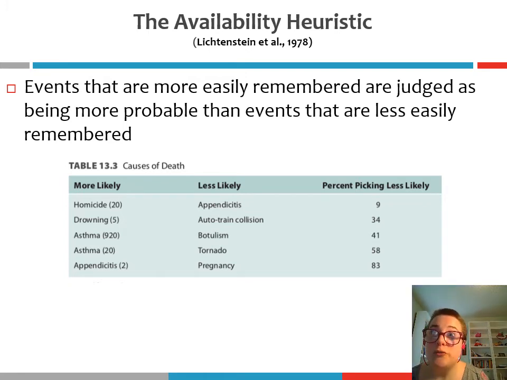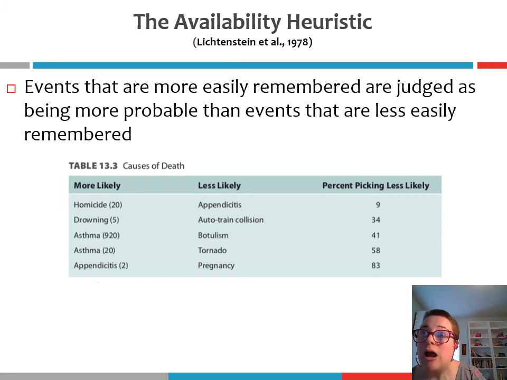Okay? So for each pair of causes, the more likely cause is going to be listed on the left column. The number in parentheses is going to indicate the relative frequency of the most likely cause as compared to the least likely cause or the less likely cause, right?